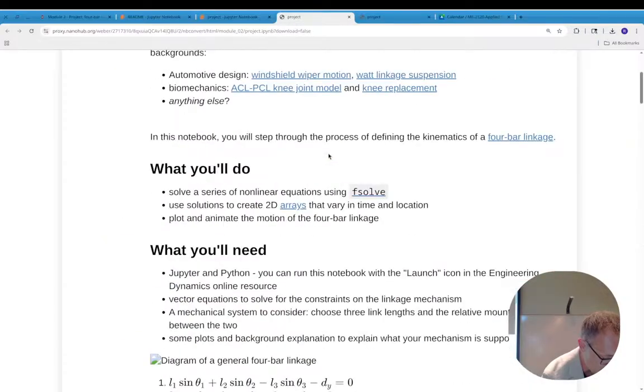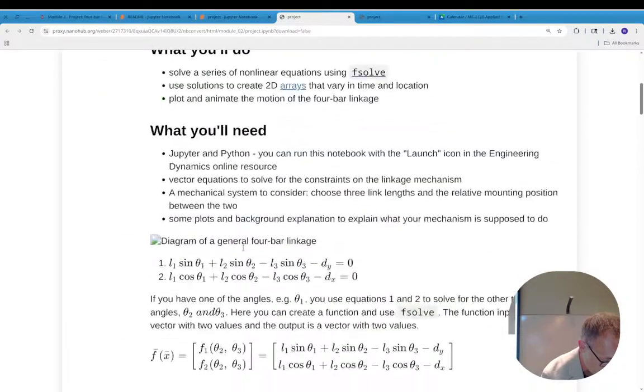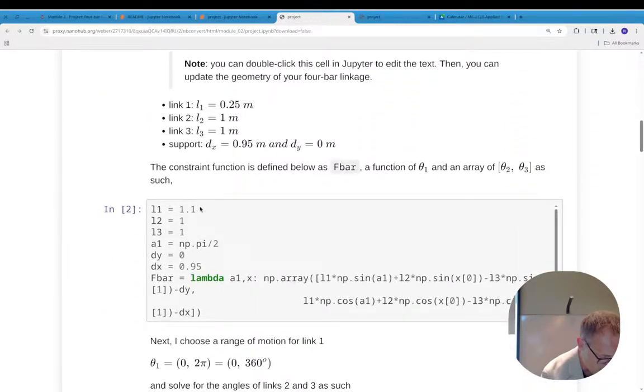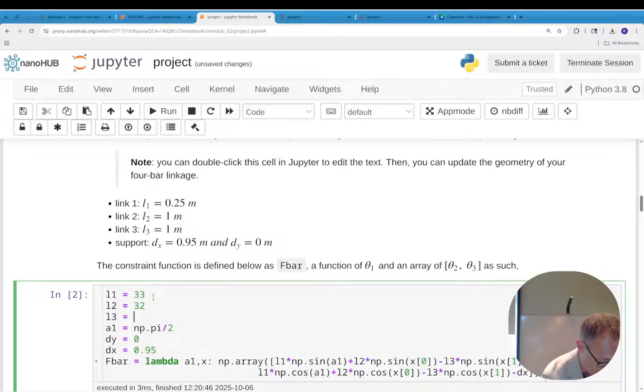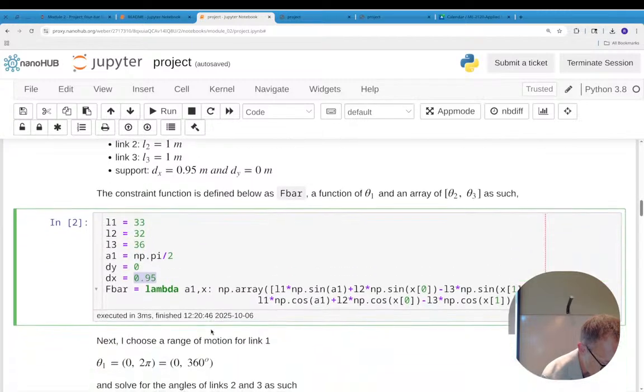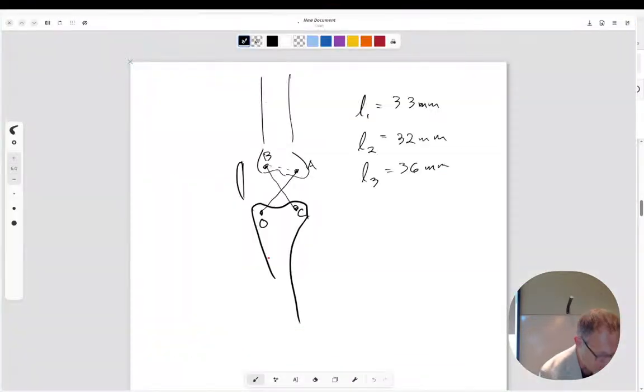Let's come back up here. Oh, yeah, it would help if I'm actually in. So 33, 32, and 36. So then if this is 0, 0, where does C belong?